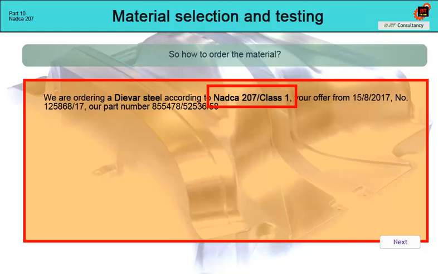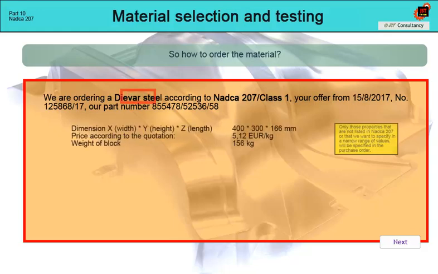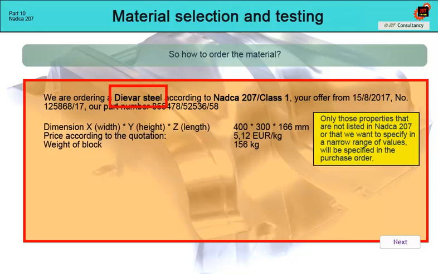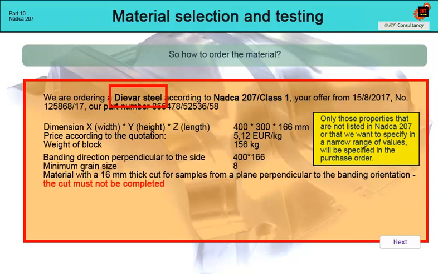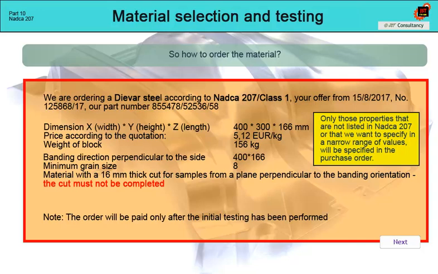The order will only contain details that differ from the NADCA specification or cannot be defined. These include, in particular, the steel grade, block size, price, block weight, banding orientation, grain size, and instructions for cutting additional material for testing. The order will state that payment for the material will only be made after the steel test has been carried out and passed.